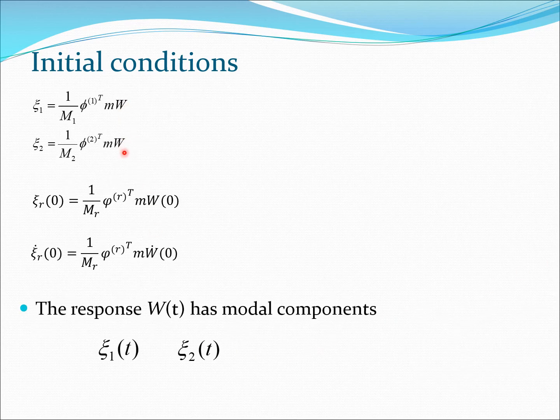So again, as far as initial conditions are concerned, we can take these two equations, substitute 0 here, and then we can write this equation out in terms of w0 and w dot 0. So now if you were to use these initial conditions with the modal equations, you would get the response of the system, and the response w(t) has modal components, which would be the xi1 and the xi2 here.